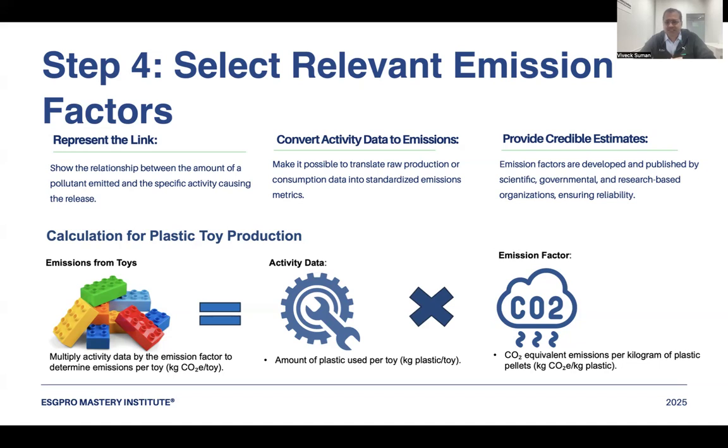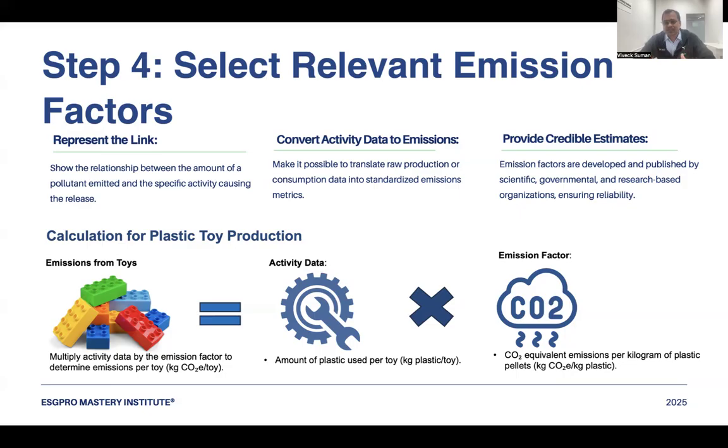What we have done here is we have taken the activity data from the previous steps, right? Where we know how much plastic was used for manufacturing this toy. I'm taking just one data point right now, plastic as a raw material.